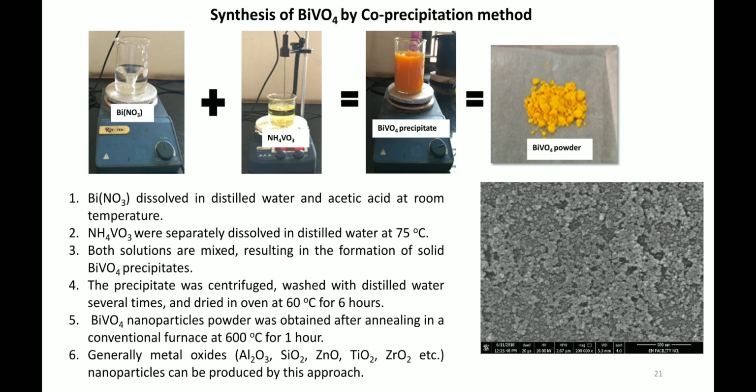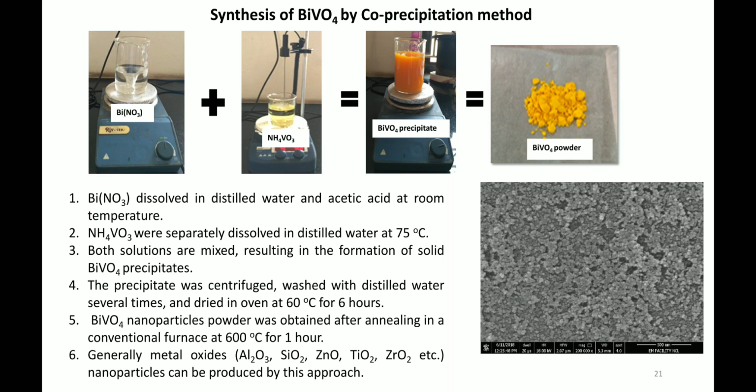In the first case, bismuth nitrate, BiNO3, is dissolved in distilled water, and acetic acid, some sort of acidic solution, is required for the dissolution of BiNO3 at room temperature. You just dissolve it in 1 molar proportion in double distilled water.